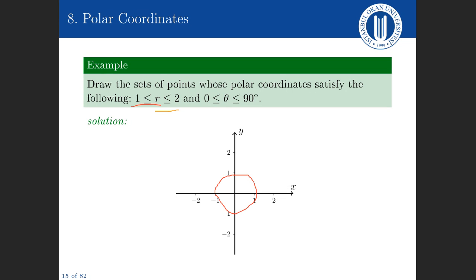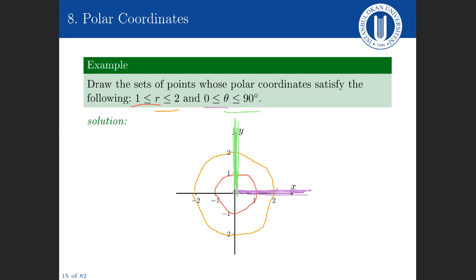R equal to 2 is also a circle, and this time a radius of radius 2. Theta equal to 0 is the x-axis, this line. Theta equal to 90 is this vertical line.